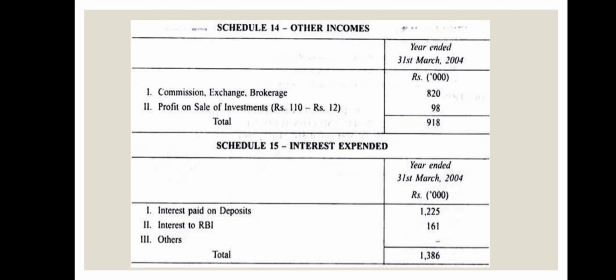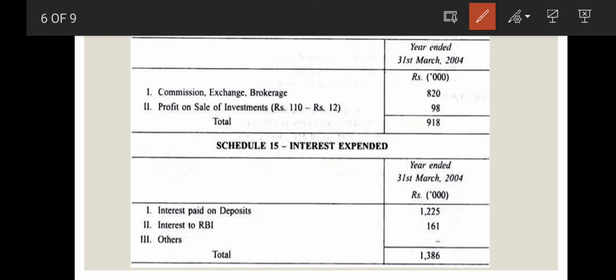Next, Schedule 14, other income: commission, exchange, brokerage 820, profit on sale of investment 98. The total is 918. The adjustment values are given: 12. The profit on sale of investment is 110, so 110 minus 12, we find 98.